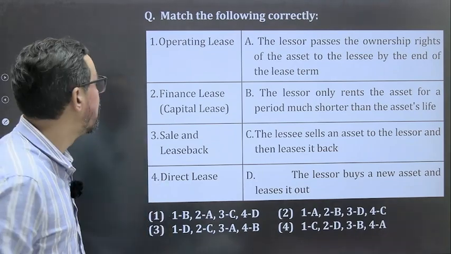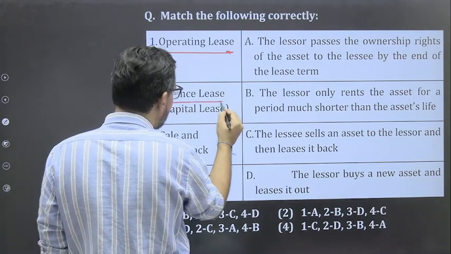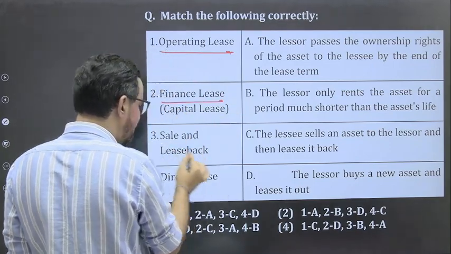Okay, match the following again. So we have operating lease, finance lease, sale and leaseback, and direct lease.